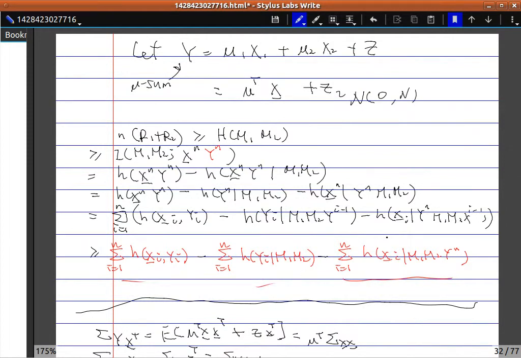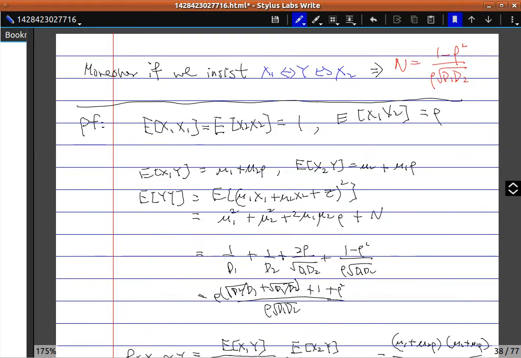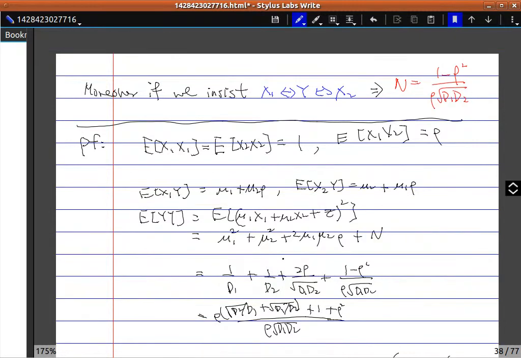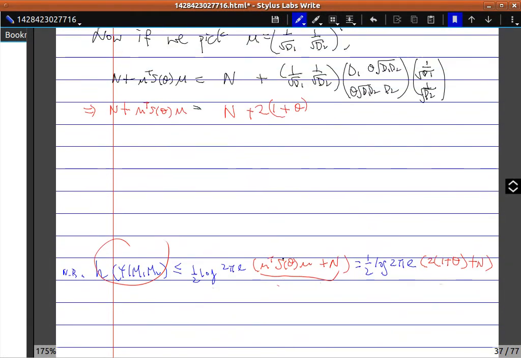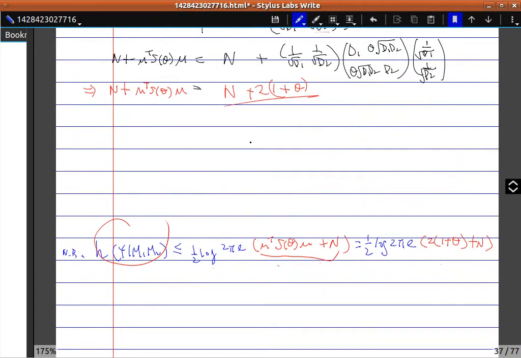We are still trying to compute this one really. And as I said, if we pick mu to be this, that is a simplification.